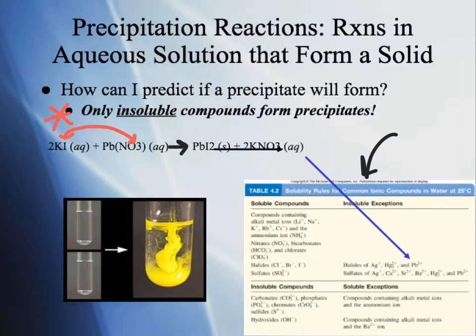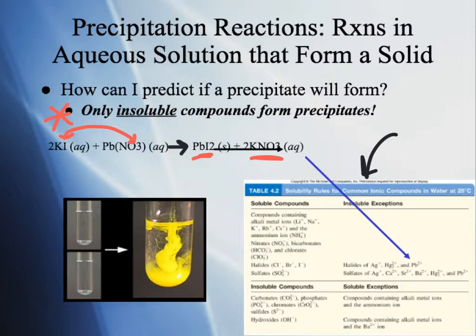KI is going to trade and become with NO3, and Pb is going to trade and be with iodine. What we get in the products is lead iodide and potassium nitrate. And so what we have to do is look at our solubility chart to see if either lead iodide or potassium nitrate is soluble. So let's take a look.